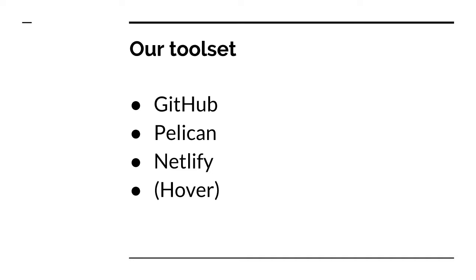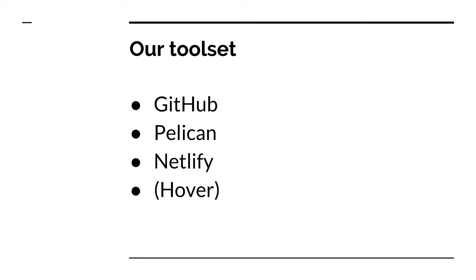So Pelican will be what we're demonstrating here today, since some of you have some familiarity with Python, and we're not going to bust out a Ruby tool at a Python presentation. Back in our diagram, the website builder and hosting platform that we're going to use is a website called Netlify. It's a really cool service. If you haven't seen it before, happy to introduce you to it today because it does a lot of awesome stuff.